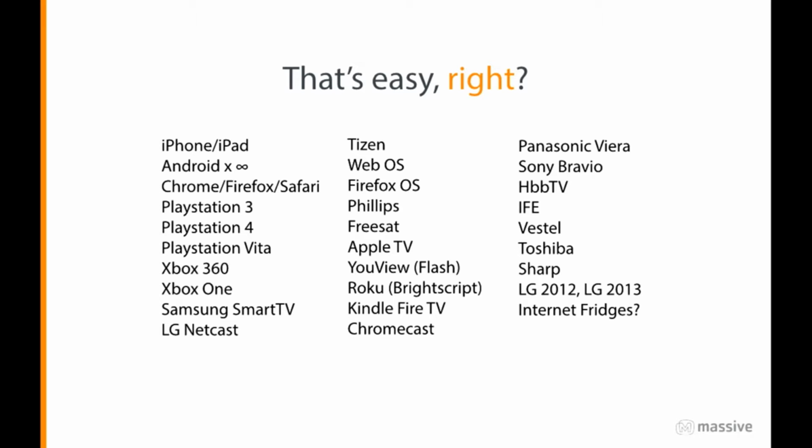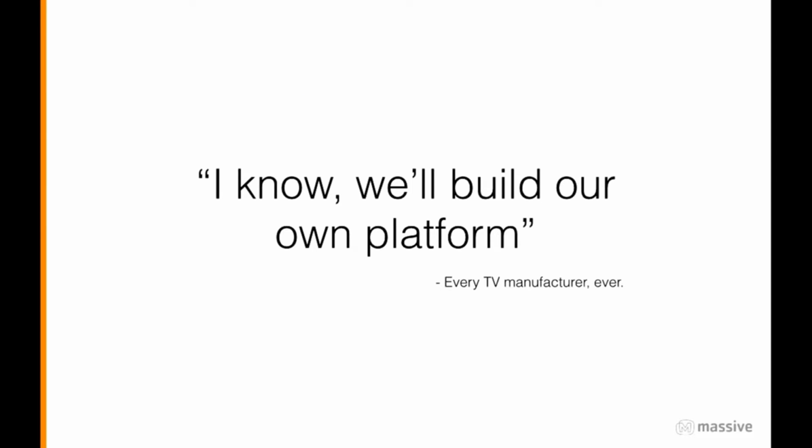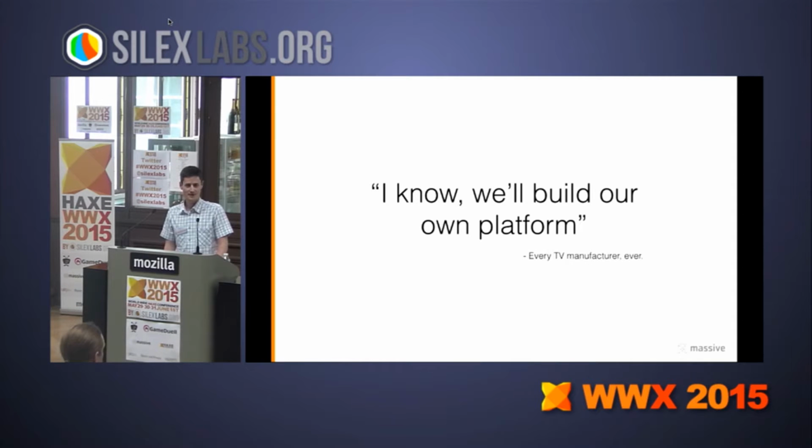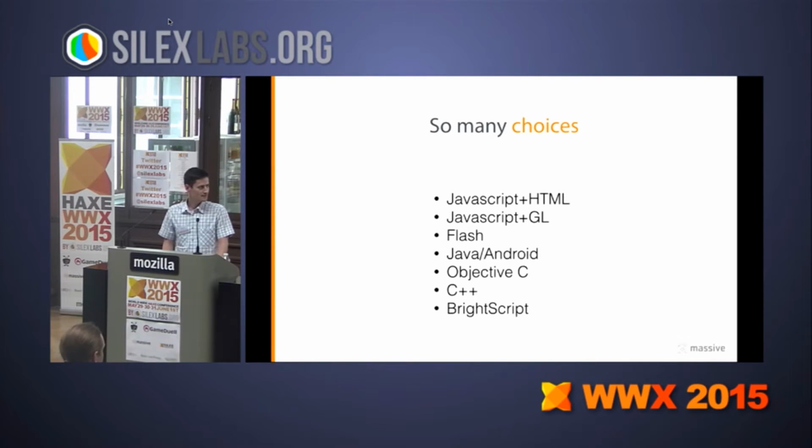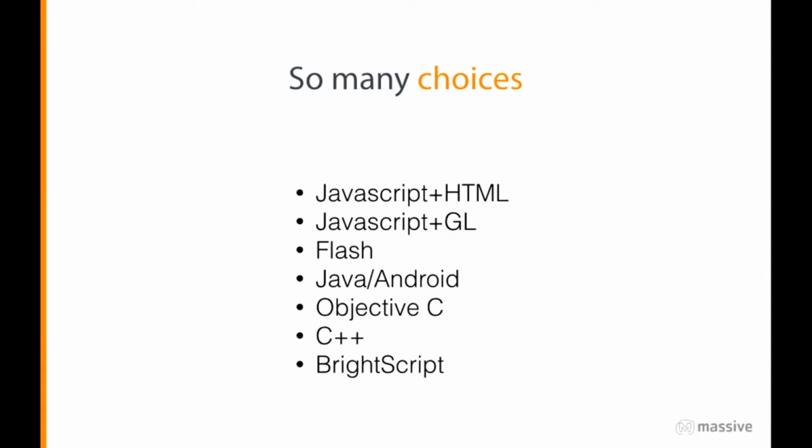You mean Samsung Smart TV or Samsung Tizen or LG NetCast or LG webOS? It's like every single manufacturer created their own platform, and even several platforms in some cases. So we have JavaScript, sometimes OpenGL, Flash, Android, C, C++, this idiotic BrightScript.